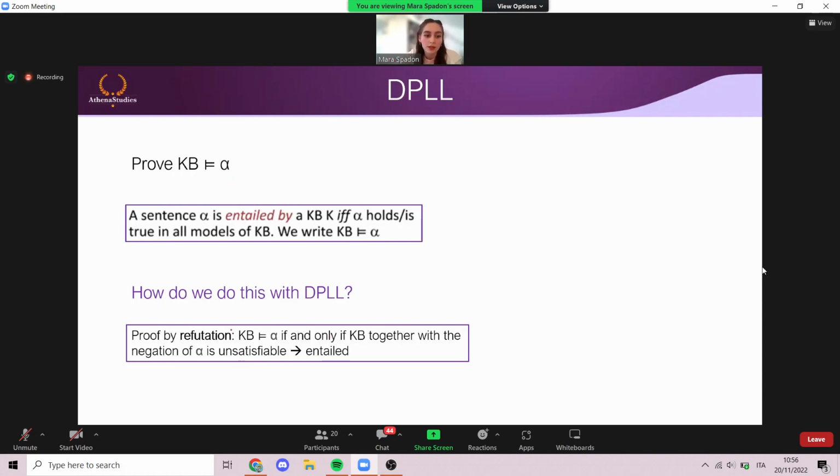We take the negation of alpha and then we do the exact same thing we just did. That way we can check if it is entailed. We take our formula alpha, and if and only if the negation of alpha is unsatisfiable with the knowledge base, then we can say it is entailed.